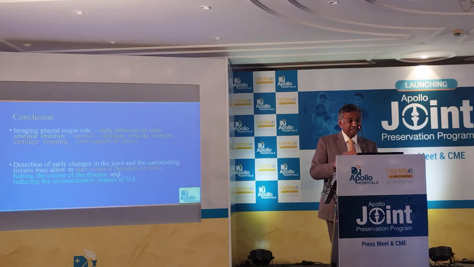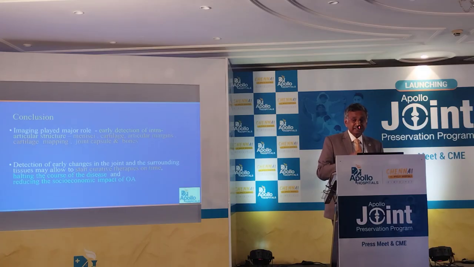To conclude, imaging plays a major role in the early detection of intra-articular structures, like cartilage, menisci, and articular margin. Whether the articular margin is normal or sclerosed, the cartilage mapping, joint capsule, and how the capsule and bone are, we can demonstrate very precisely in MR imaging, and it will help the patient by interacting with our clinical colleagues, the orthopedic surgeons.